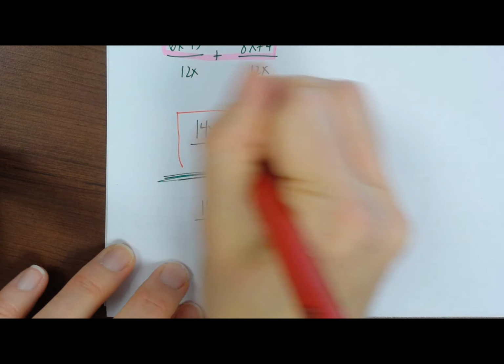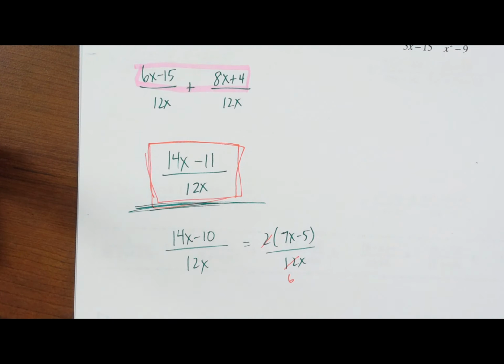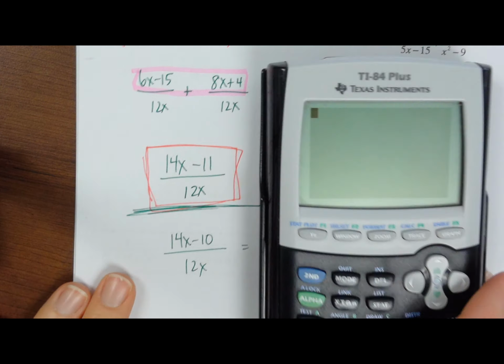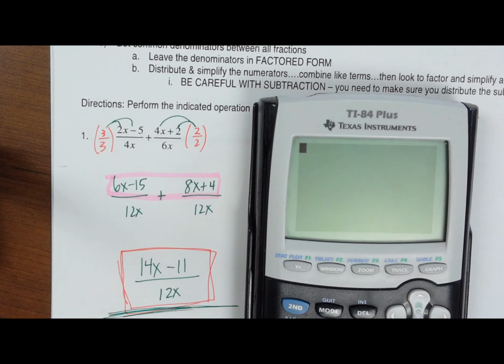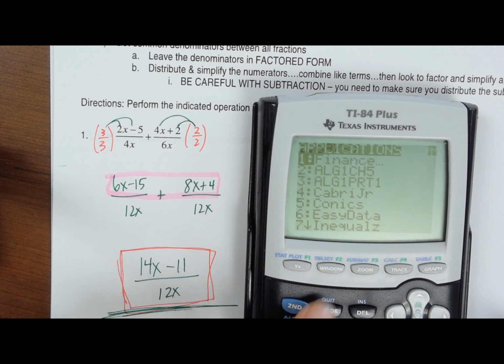Okay, and remember how we checked our answers for everything else in this unit by storing a value for x? A random one. You can still do that with these. So if I grab my calculator, for this one, the only thing you would not be able to store for x is 0. But let's say, whatever that is, that's not it.